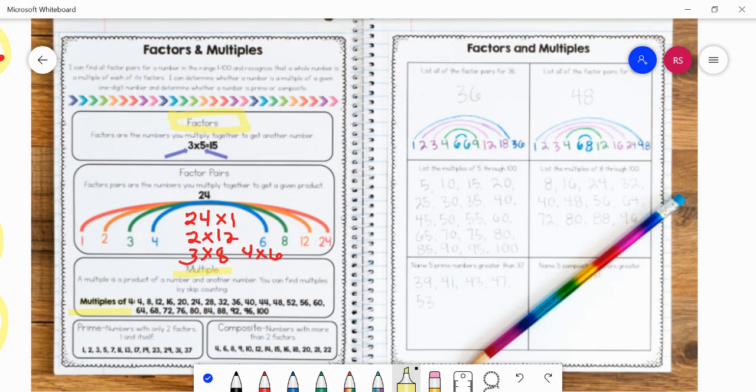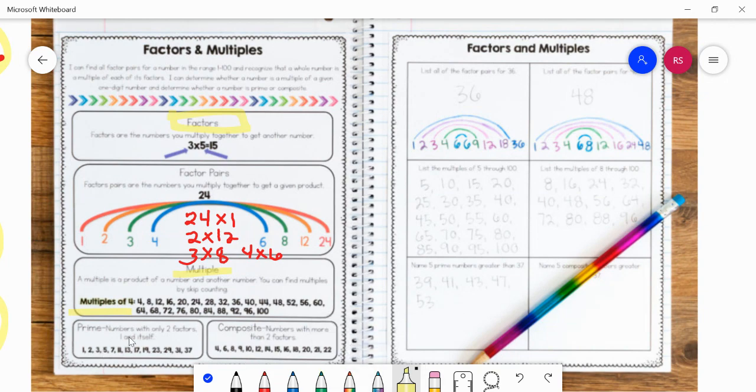So they started with 4. Then 4 times 2 is 8. 4 times 3 is 12. 4 times 4 is 16. 4 times 5 is 20. And I can keep going, right? So multiples, I'm multiplying one number by 1, by 2, by 3, by 4, by 5, and so on. And then I could also skip count. Either way helps me find my multiples, okay?